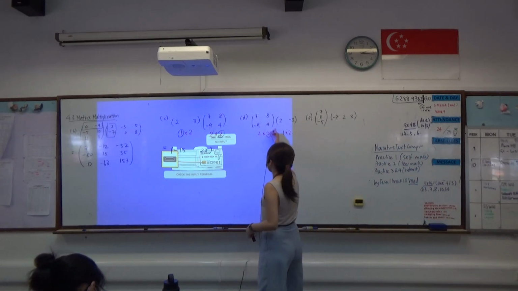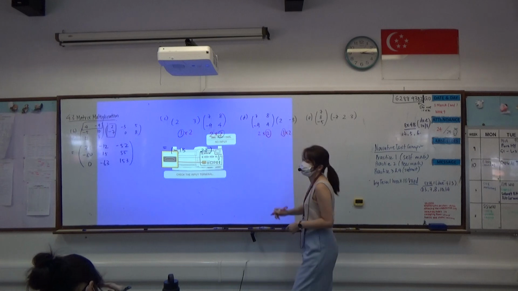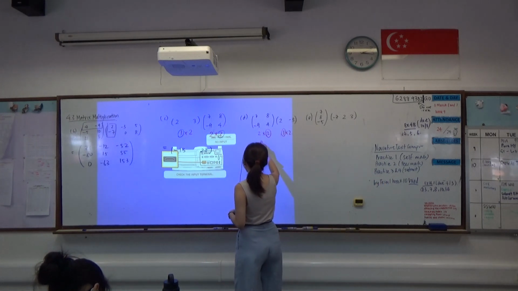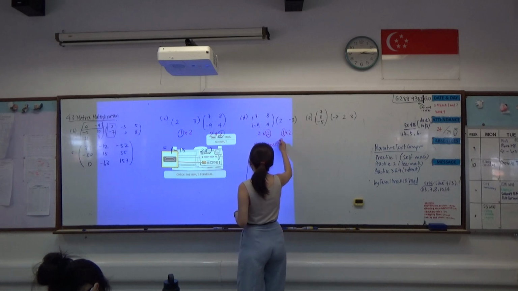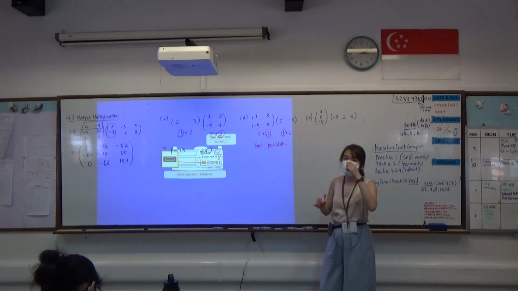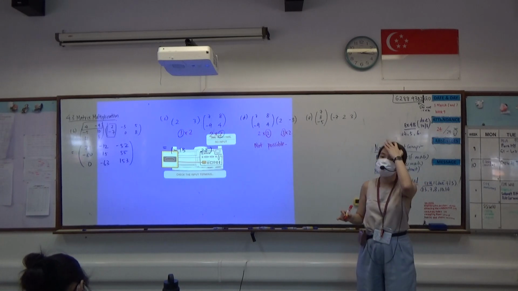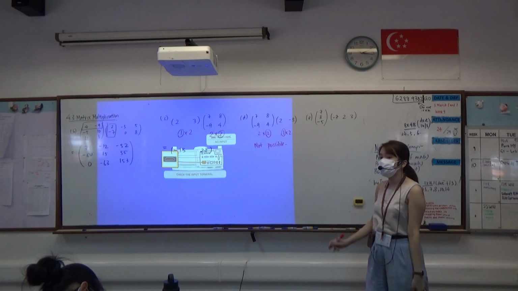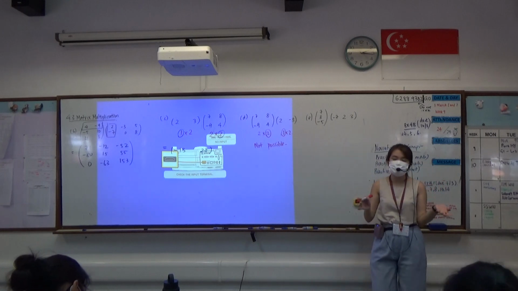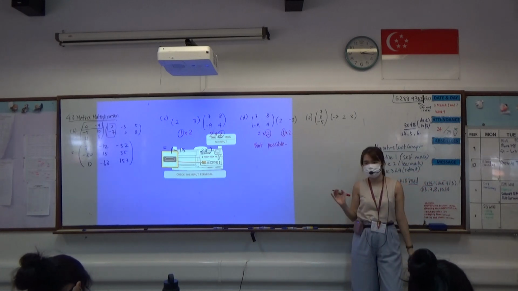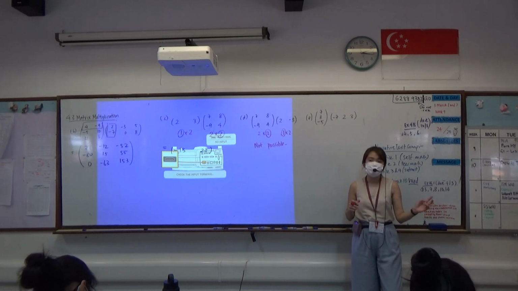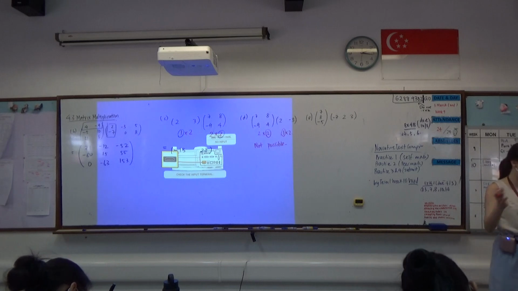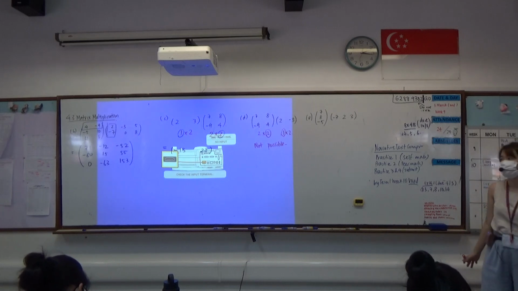Because the number of columns here and number of rows here are not equal. So therefore, not possible. Yes, Joseph? Can we bring it over? You can't. Because I mentioned already, in matrices, A times B does not equal B times A. So 2 times 3 and 3 times 2 in numbers form is correct. So you can do that, but when it comes to matrices, we cannot do that.